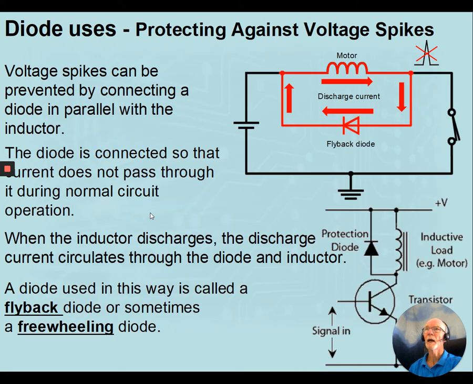Another use for diodes is what is known as a flyback diode or a freewheeling diode. This is used as a protection circuit. For example, when we have a device like a motor or some other form of inductive load like a solenoid or a relay, which is a coil of wire, what happens when we turn our motor off or our solenoid off?